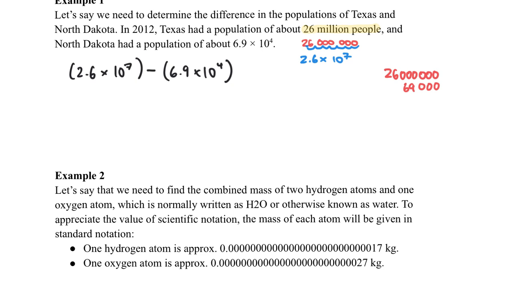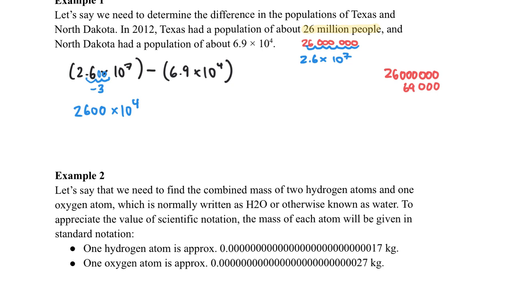I'm going to move the decimal point of 2.6 three places to the right. That's a change of minus 3. So I can rewrite this as 2,600, I'm going to add 2 zeros here, 2,600 times 10 to the fourth. That is equivalent to 2.6 times 10 to the 7th, as we learned last time.